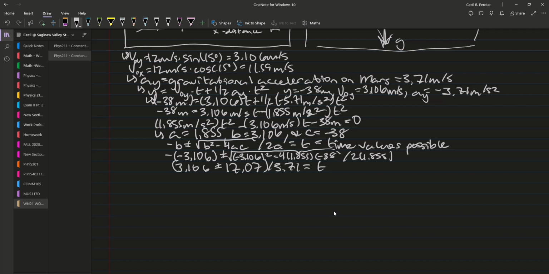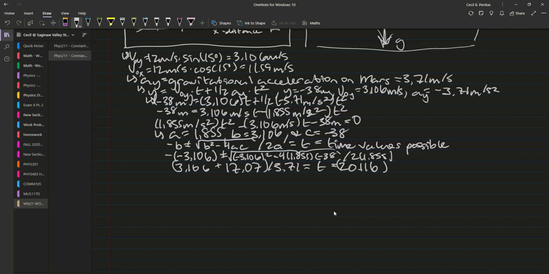Now, as I said before, we cannot have a negative t value, so we can assume that 3 minus roughly 17 will give a negative value, so we don't need to look at that one. And we just need to look at the additive one. So 3.106 plus 17.07 is going to be equal to 20.116.